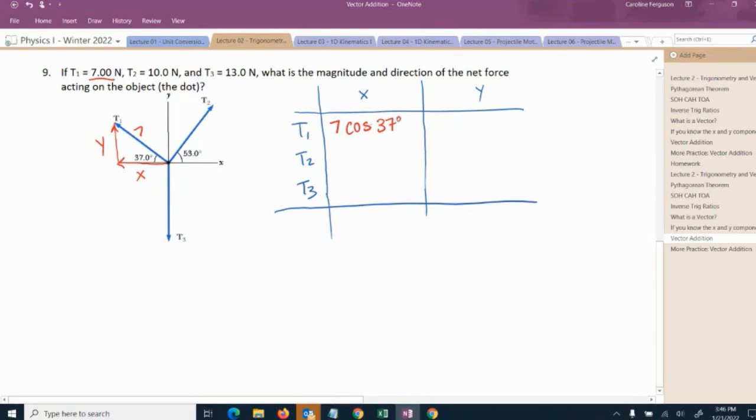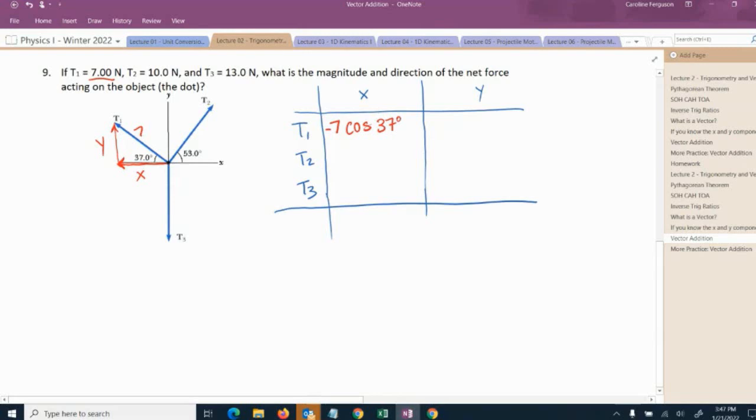Okay, then we need to decide if it's positive or negative. So should that vector be positive or negative? Which way is it going? So it's negative because it's going to the left. So this x component is negative because the vector points to the left.